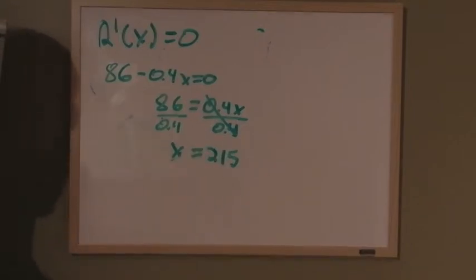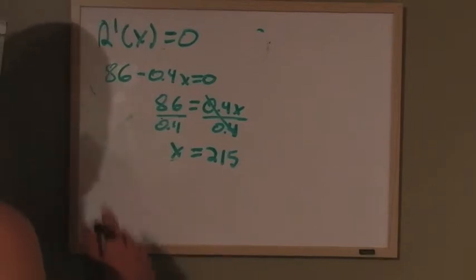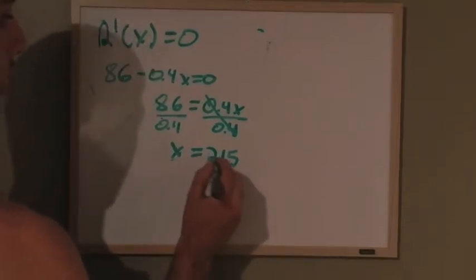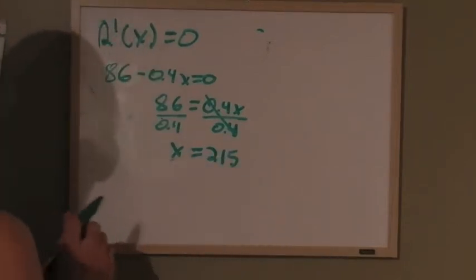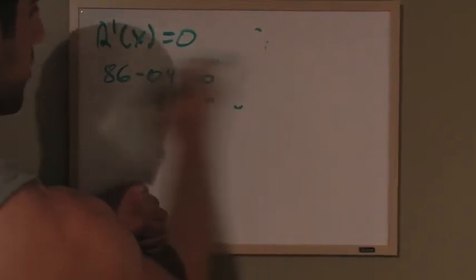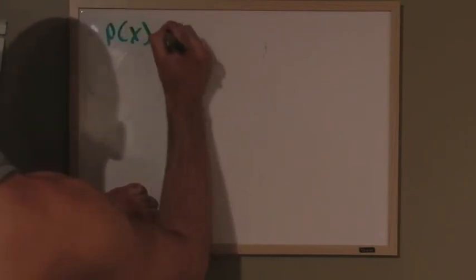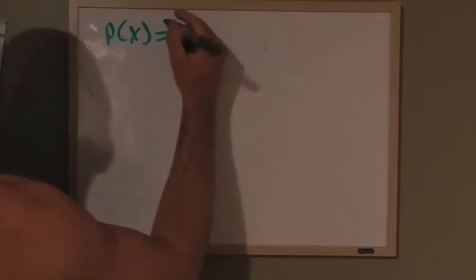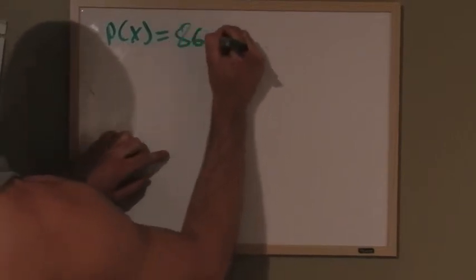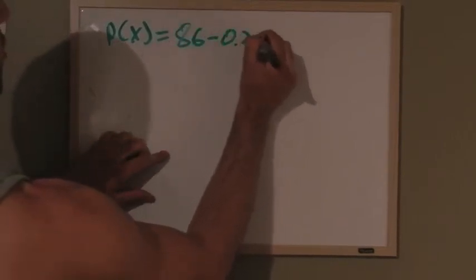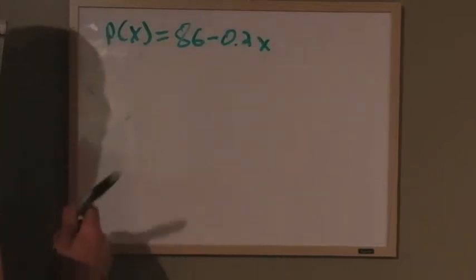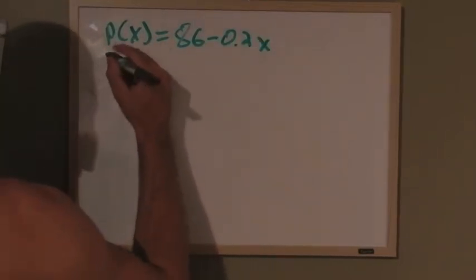But at what price do we want to sell it at? This is when we plug 215 into our price demand function. So we go back to P of X equals 86 minus 0.2x. And now we plug in 215.